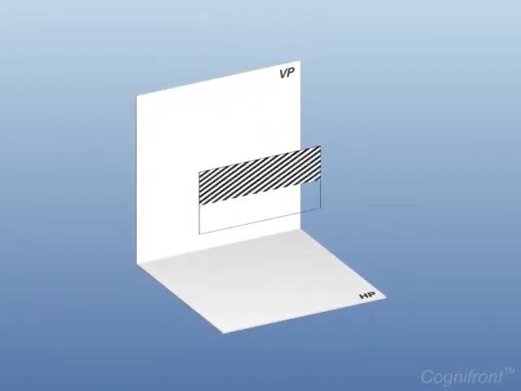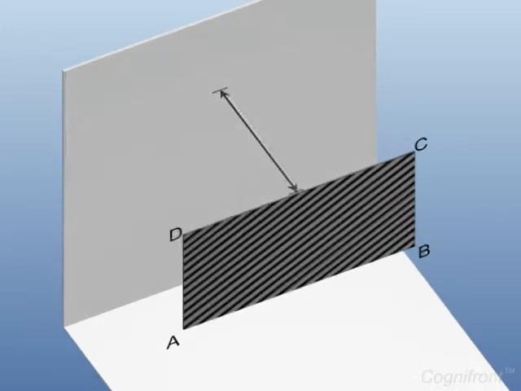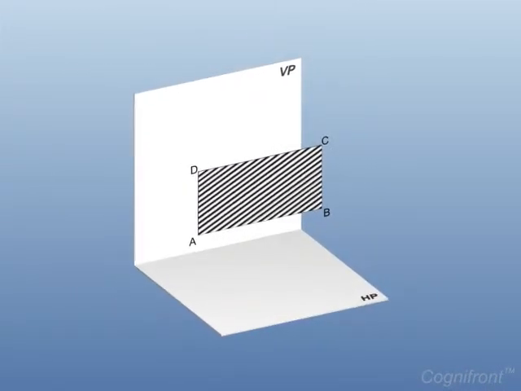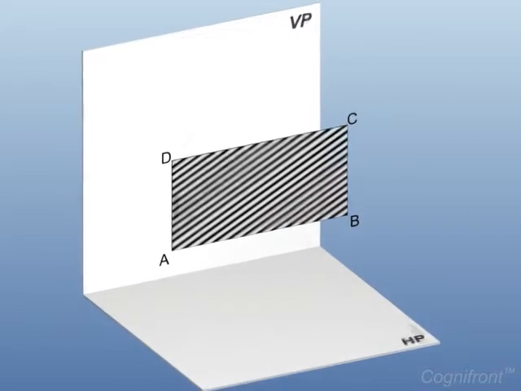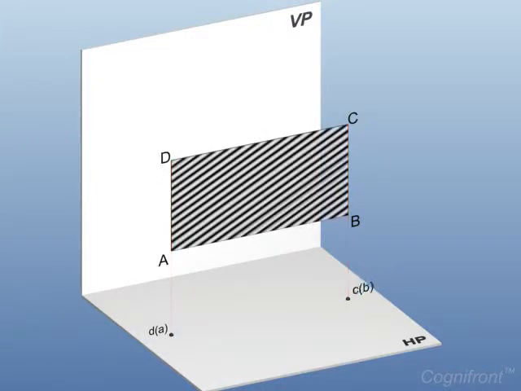Now, let's study the projection of a plane ABCD, which is perpendicular to HP and parallel to VP. Observe the diagram carefully. The projector lines from C and D extended through A and B meet the HP in points DA and CB respectively.